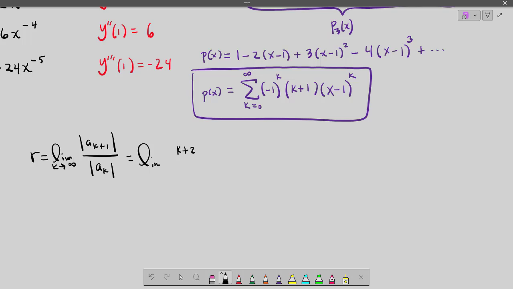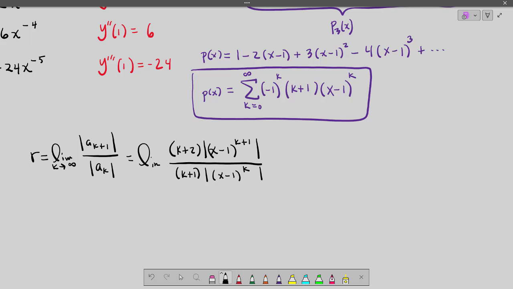We're going to end up with k plus 2. The absolute value still needs to be around, though, for this x minus 1 thing. So absolute value of x minus 1 to the k plus 1. And then down below, a sub k, we'll have a k plus 1, and then an absolute value of x minus 1 raised to the k. So that is our ratio test.